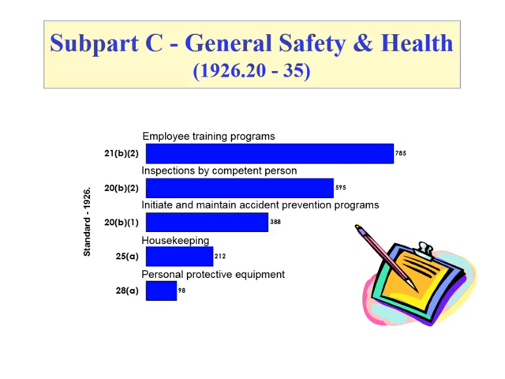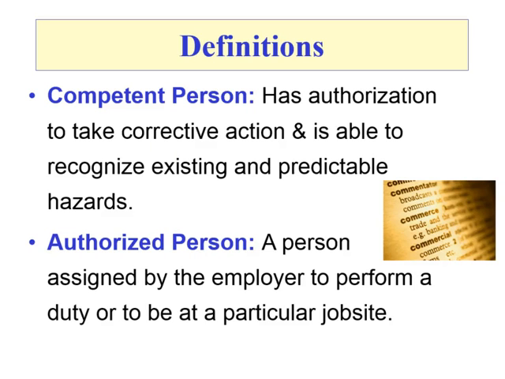Out of all these citations, 785 are related to training, down to 98 for personal protective equipment. Now, personal protective equipment may be cited somewhere else, but this is something to look out for as well.